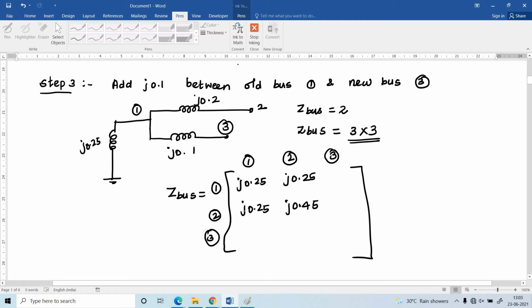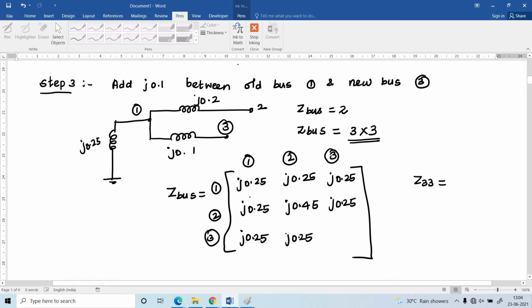The J0.25 and J0.25 are copied, and you have to paste the same elements here. So J0.25 and J0.25. Now the same elements are copied and pasted here, J0.25, J0.25. And how to find Z33?